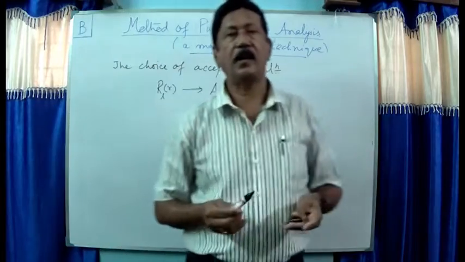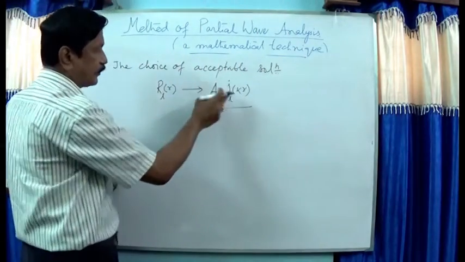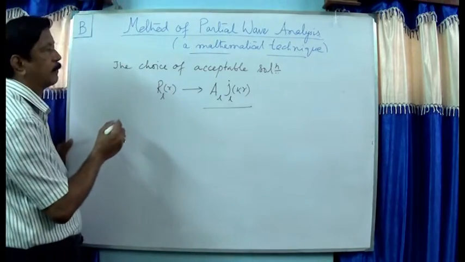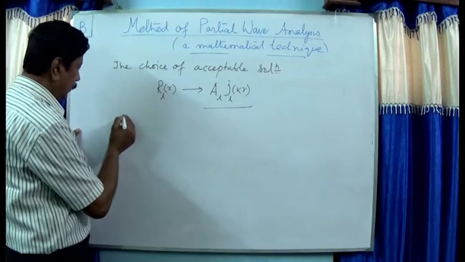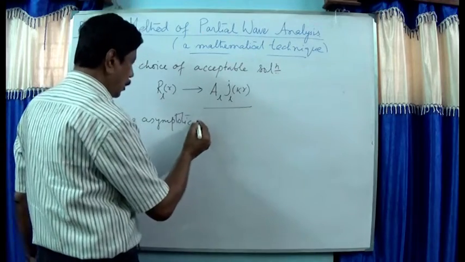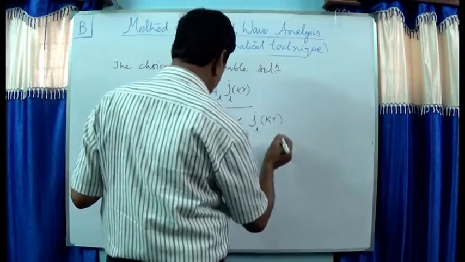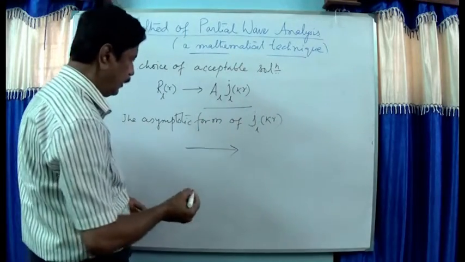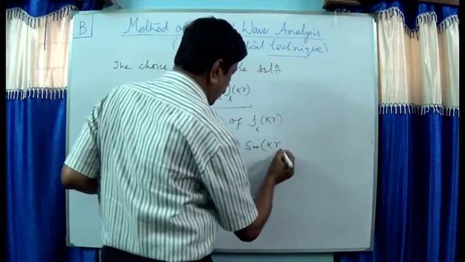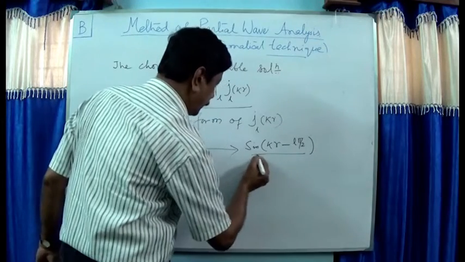Now, from the knowledge of our mathematical physics, in those classes we all know the spherical Bessel function can be written in many forms, one of which that is very important for our case is the asymptotic form of J_L(KR), which can be written as sine of (KR minus L pi by 2) divided by KR.